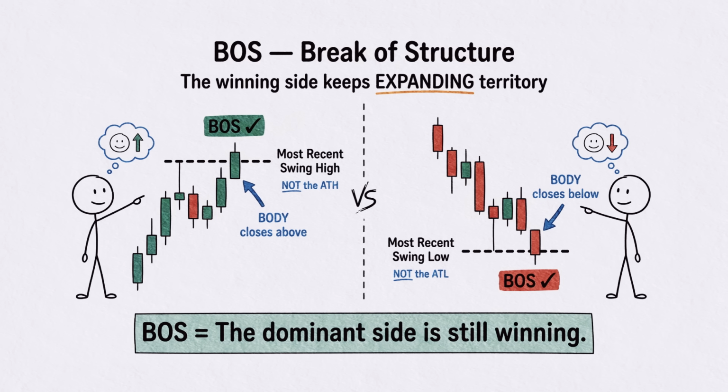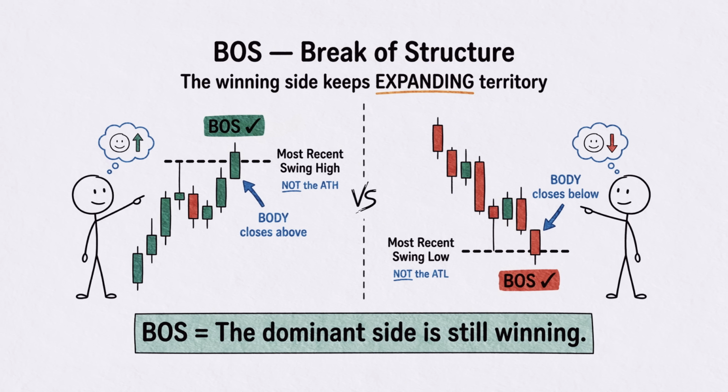Let's start with BOS, break of structure. BOS simply means the side in control continues to expand their territory. In an uptrend, BOS happens when price closes above the previous swing high. Not the all-time high, the most recent swing high.